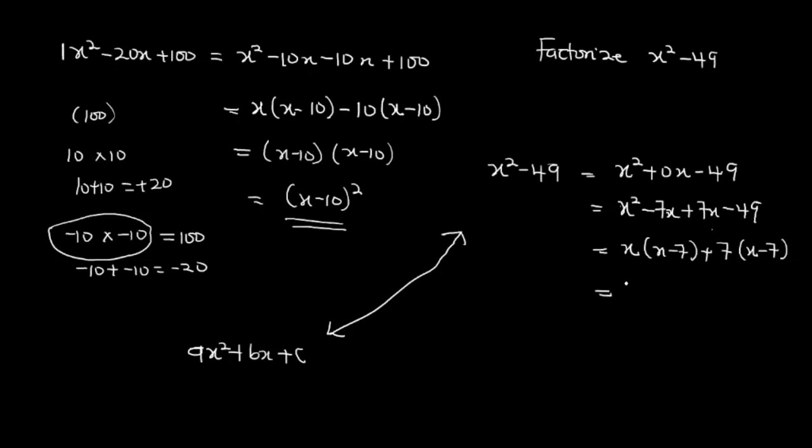So I have here x and then positive 7, so that becomes x plus 7. Then I have x minus 7 here, so x minus 7 over here as my final expression. So after factorizing this equation, these are the factors that you get for this particular expression.